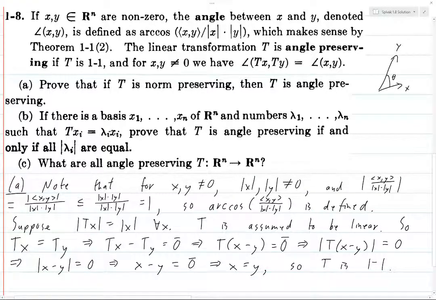Okay, so what do we need? We need angle preserving: T is 1 to 1, and for x, y not equal to 0, we need the angle of Tx, Ty to be the angle of x, y.